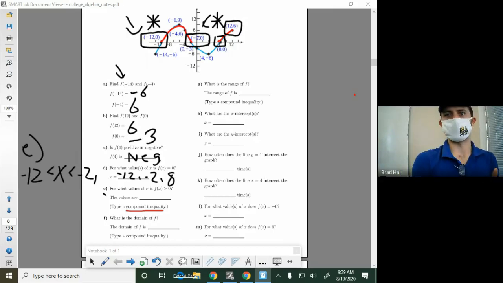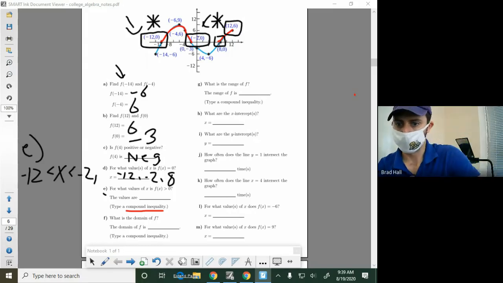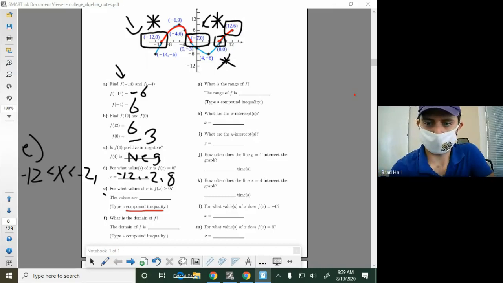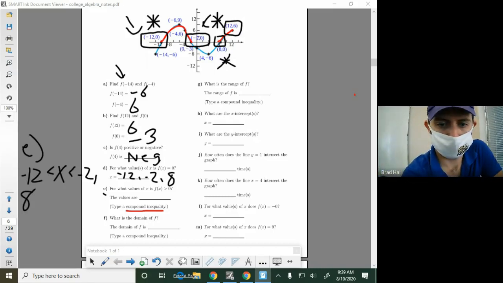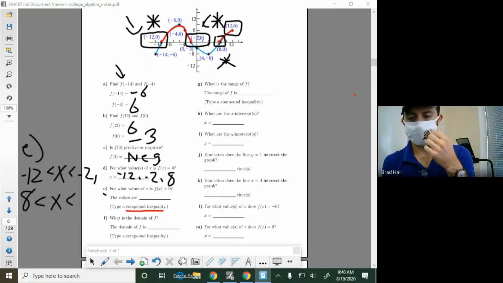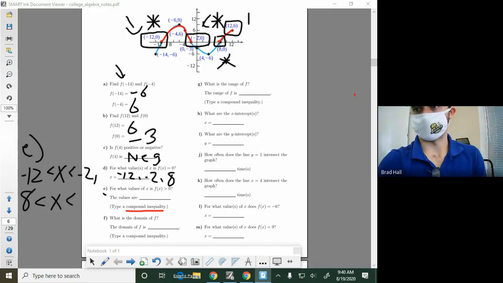We don't normally use unions for compound inequalities or inequalities in general. The leftmost point, what is the x value that corresponds to it? It's 8. You put an x in the middle because that's how a compound inequality is notated. And then what was the rightmost x value? Seems to be 12.